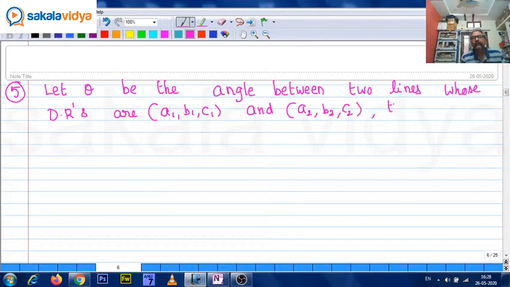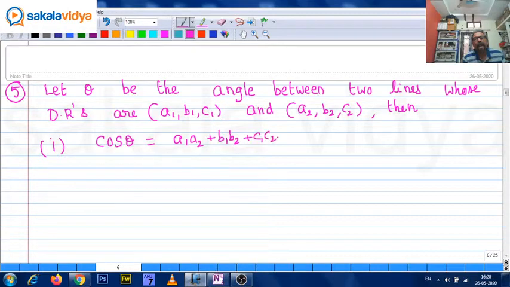Then, first point, cos theta, write down cos theta. So cos theta is equal to a1 a2 plus b1 b2 plus c1 c2. The dot product means cos theta is a dot b by mod a mod b. That concept we need to use now.